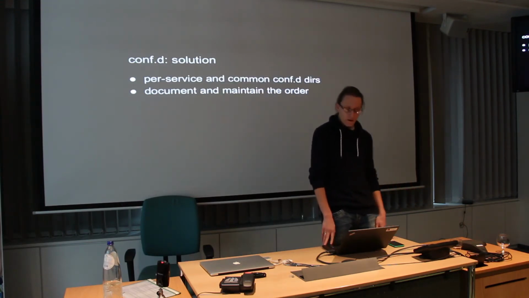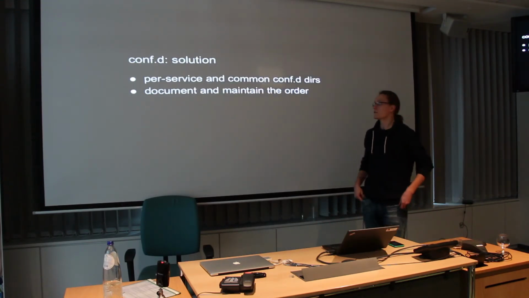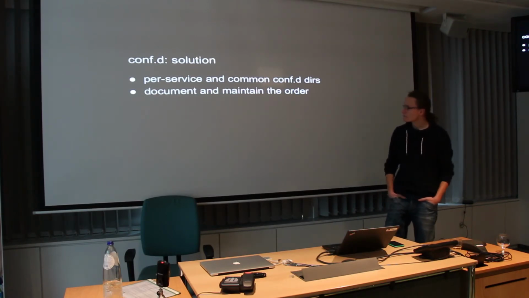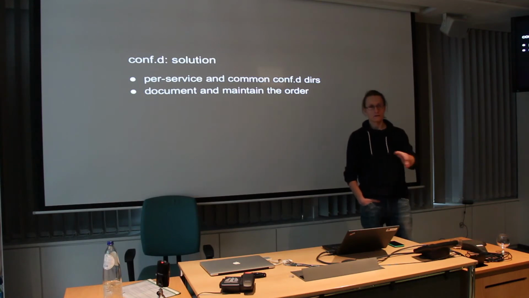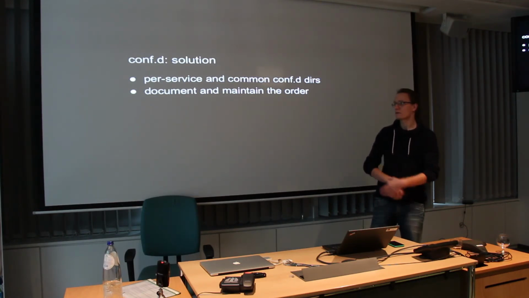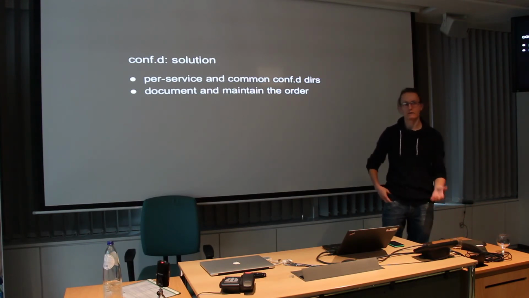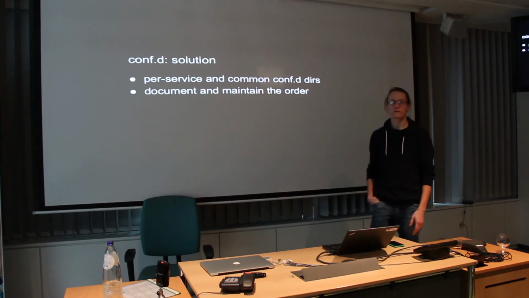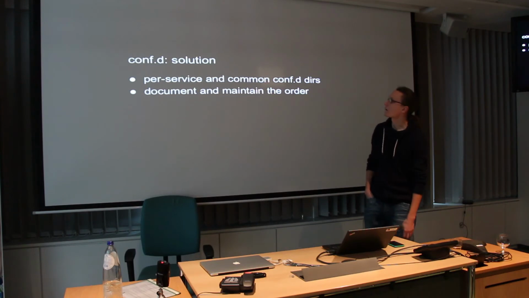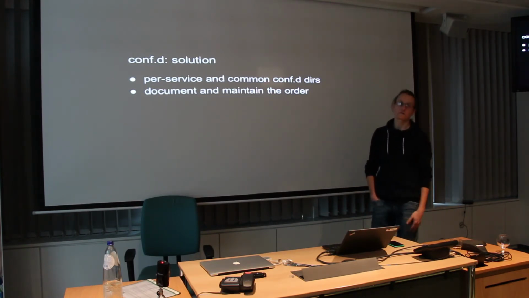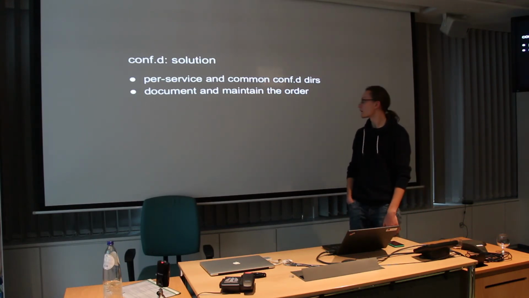So that's the problem. And the solution that we came up with is having some configuration directories that are created under /etc/neutron that are loaded by the services as directories, not as files. And deployment tools maintain the contents of those directories. We have a directory per service. So Neutron server has its own, DHCP agent has its own, and so on.